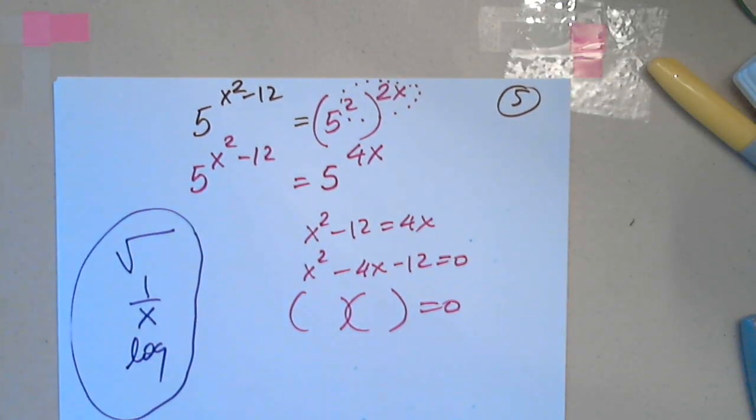So whatever we get, they must work. X plus 2, x minus 6. X plus 2, x minus 6, x equals negative 2, x equals 6. And that's it. Very good pick.